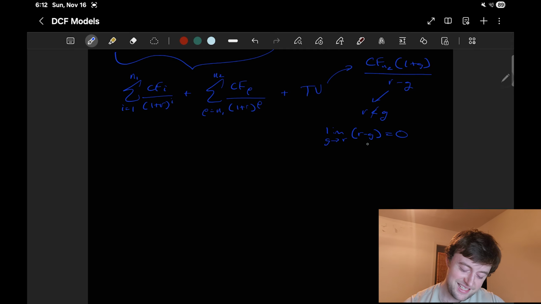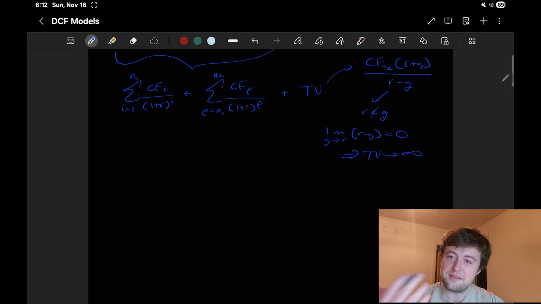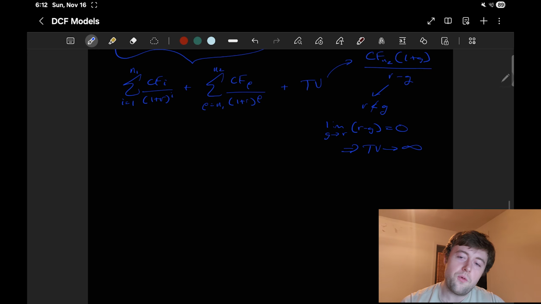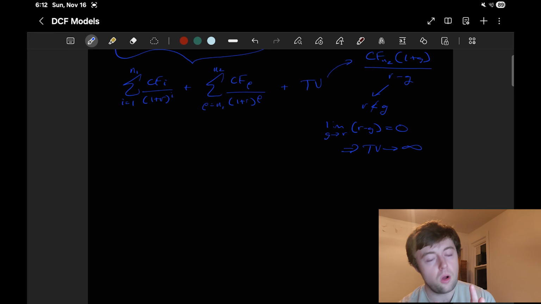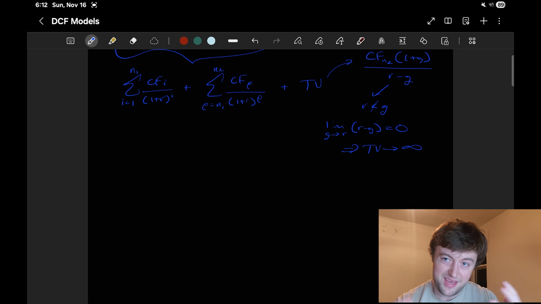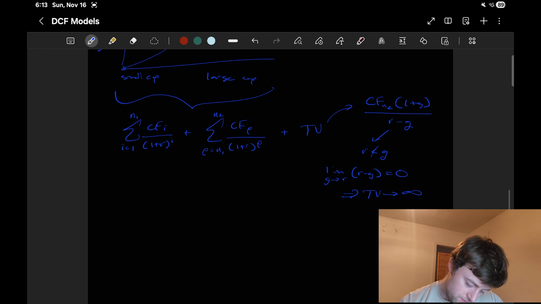Which would imply that the terminal value approaches infinity, which is obviously nonsense. So we really have to think about these things from that perspective, and make sure that our growth rates and our discount rates make sense when we model them. Okay.